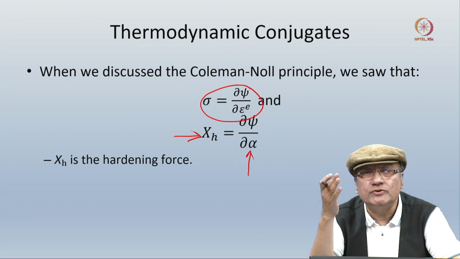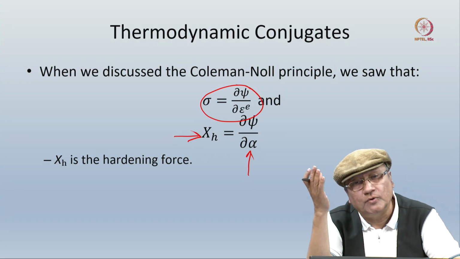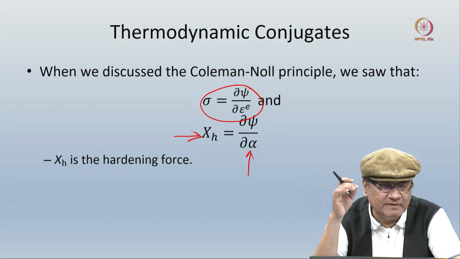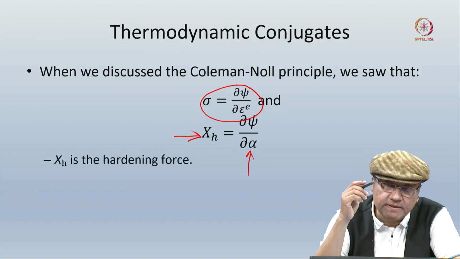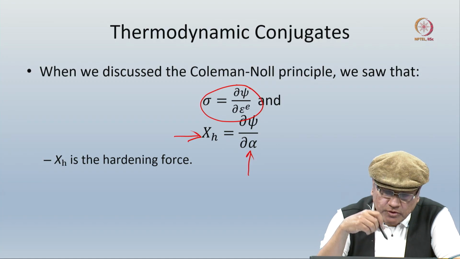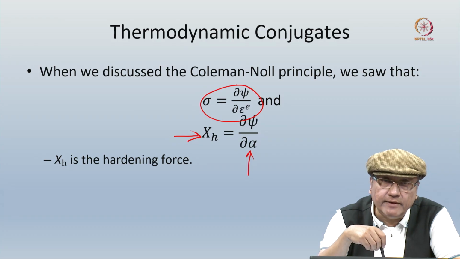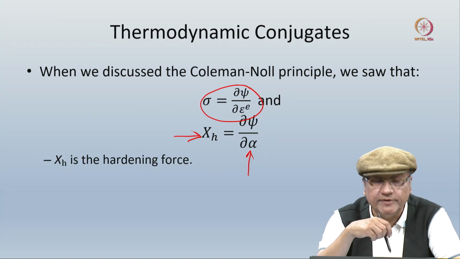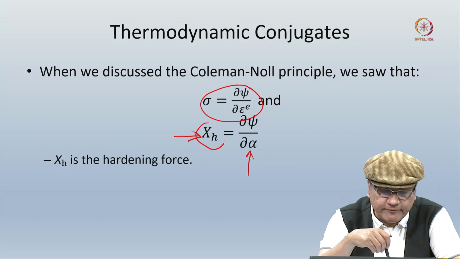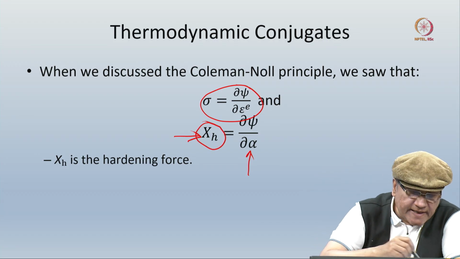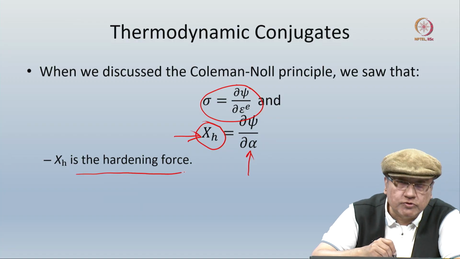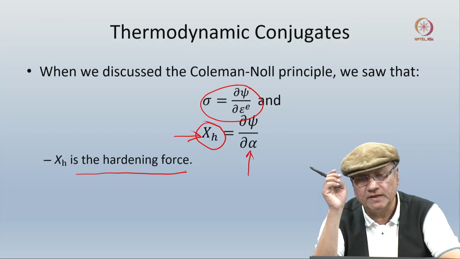It is something to do with the straining of the body, even if the connection may be remote. So the differentiation of psi with respect to that sort of kinematic variable produces something like a generalized form of a force, right. So this XH is henceforth called the hardening force, all right.